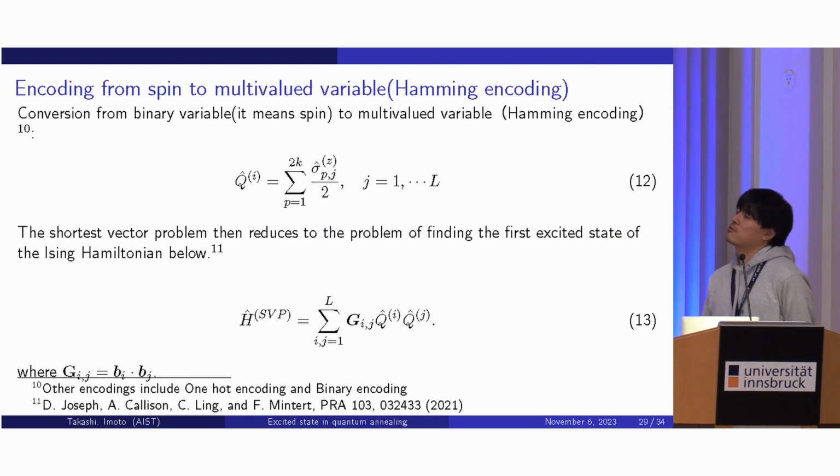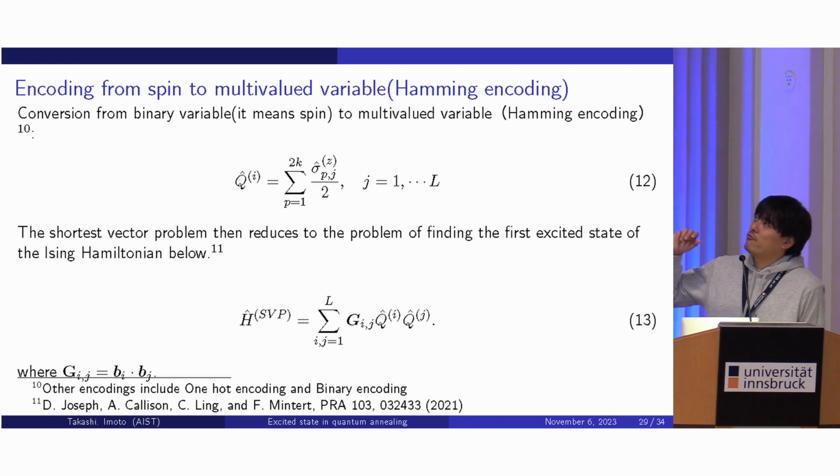Okay, so next, we introduce the encoding from spin to multi-valued variable. Of course, there are several encodings from spin to multi-valued variable, for example binary encoding or one-hot encoding, but in this talk we choose Hamming encoding, and this conversion is from binary to multiple variables.